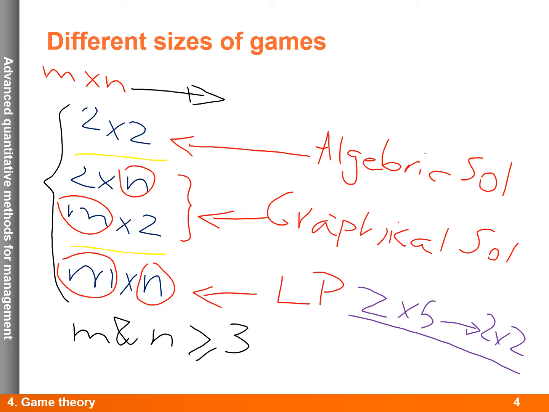For sure, algebraic solution is easier than graphical solution, as well as graphical solution is easier than linear programming. Okay, because for linear programming, it means that we have the size of the strategies of player 1 and player 2 at least 3 or more than that. Okay, so when we are talking about linear programming, what are the solutions?